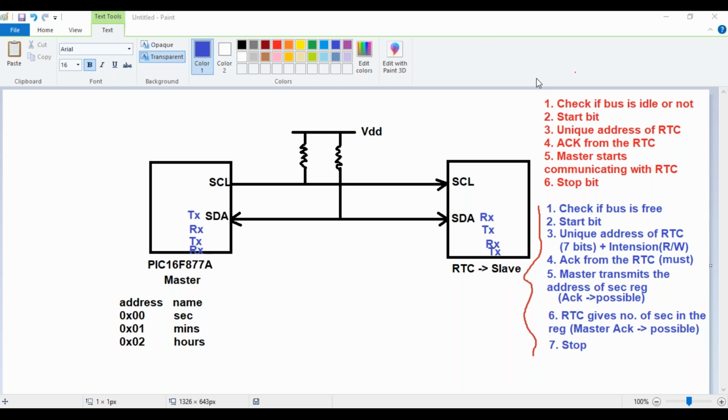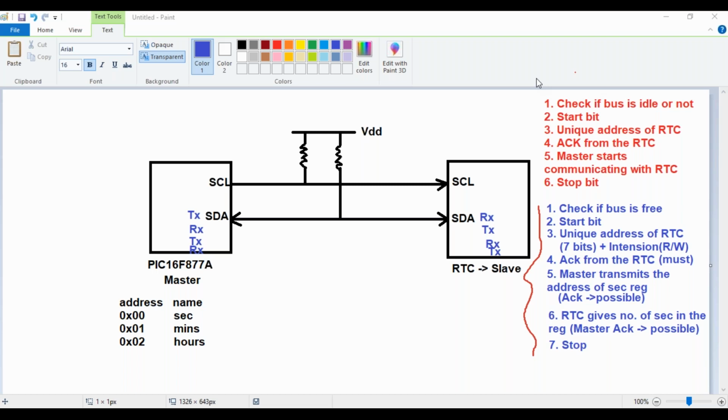But when another microcontroller is accessing the RTC, the PIC becomes silent, right? It also becomes a slave, as there is only one data line. See, if the communication is already happening, then another microcontroller cannot come and access the RTC. If the PIC is already communicating with the RTC, at the same time another device cannot access the RTC.